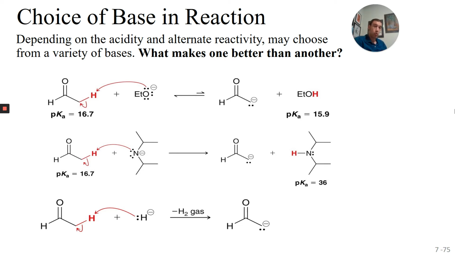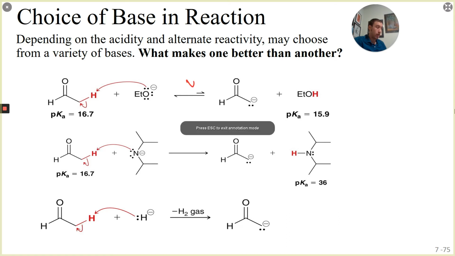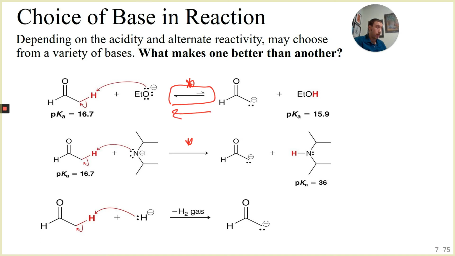Other things to consider. When we look at the reactions shown here, you'll notice that the arrows in between each of these reactions is different. For the ethoxide, it's an equilibrium that favors reactant, which is important to note. Okay, so we don't form a large concentration of the enolate. When we move to the LDA and the sodium hydride, those aren't equilibrium.